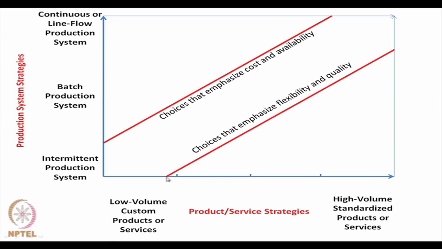The band varies from here, that emphasizes flexibility and quality, that is low volume custom products, to choices that emphasize low cost and high availability, that is mass production or continuous production. So, the company can operate here, here, here, here or here in this band.